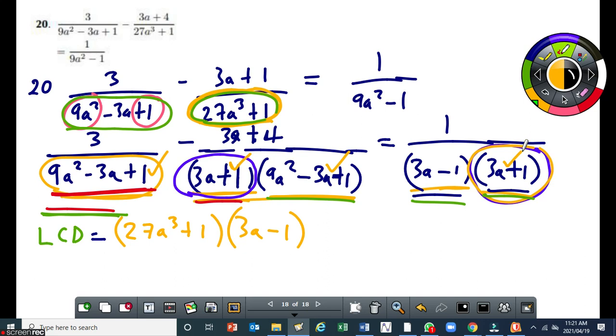I need to hear the person who said they are confused, because I'm trying to make it as easy as I can. Do you all see that those factors or denominators that I ticked are all factors of the sum of two cubes, 27a cubed plus 1?